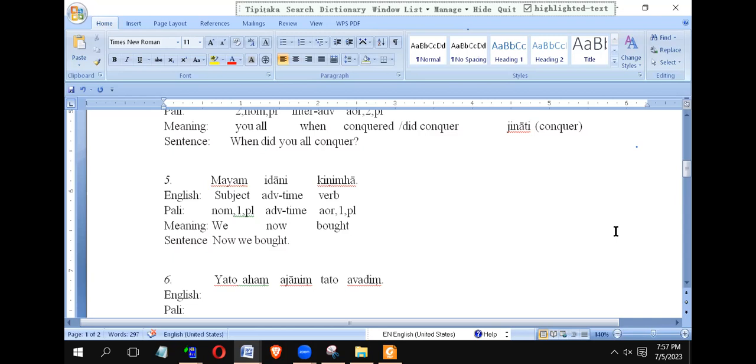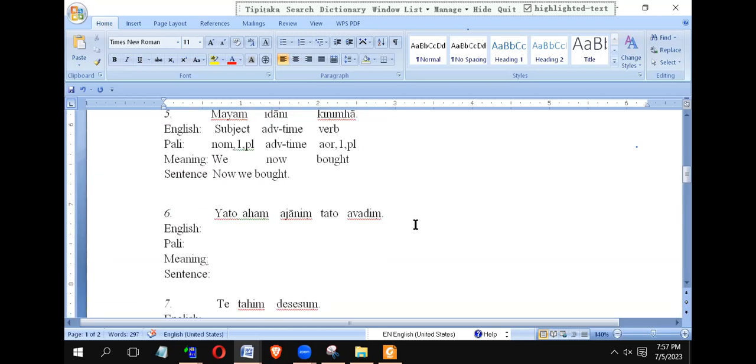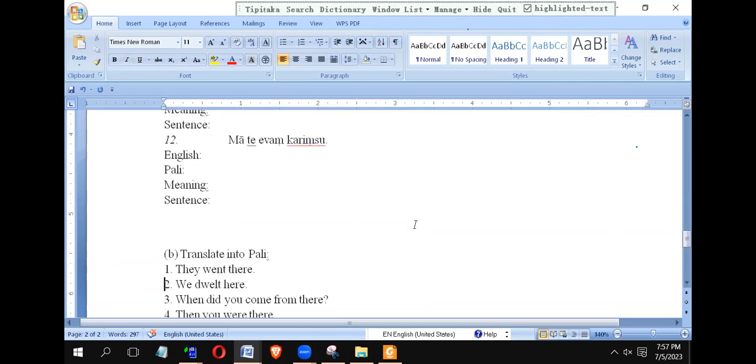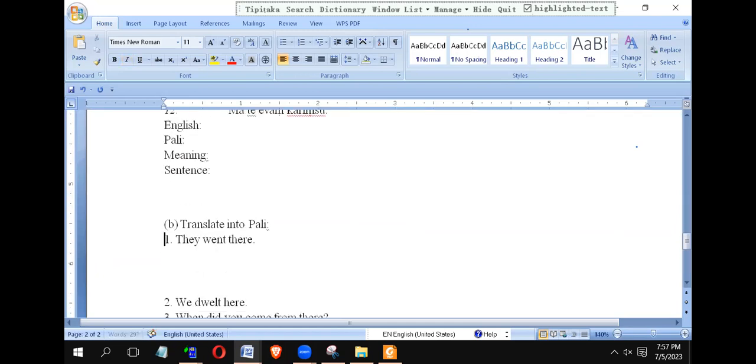Okay, so we will continue next week. I think this exercise you all try to do it. If it is Pāḷi to English, you do the Pāḷi meaning and sentence, all right? If you are going to do from English to Pāḷi, because now it's still easy, you all can still do it.